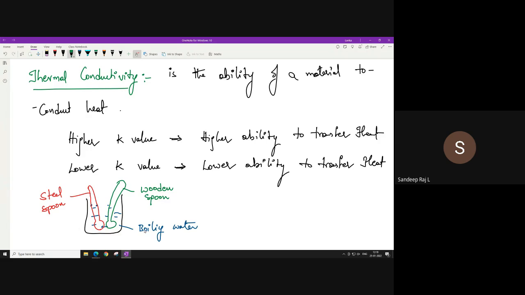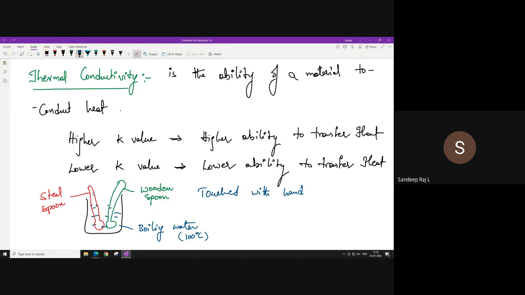Okay, the water is at a temperature of 100 degrees centigrade, and you have placed them inside and left them, and you touch them with your hand. When you touch them with your hand, what happens, tell me? You have touched this steel spoon and you have touched the wooden spoon.